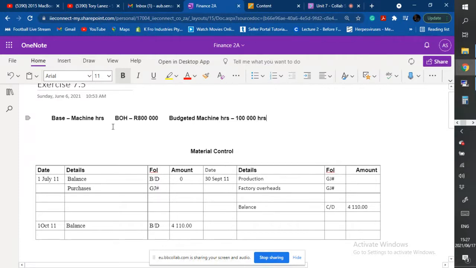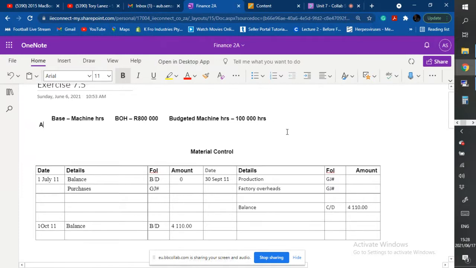So already we can calculate our absorption rate, because we know to get our absorption rate, we're saying the budgeted overhead divided by the base. So here, 800,000 divided by 100,000, so just going to do this absorption rate. I want it all to be in one line if possible.